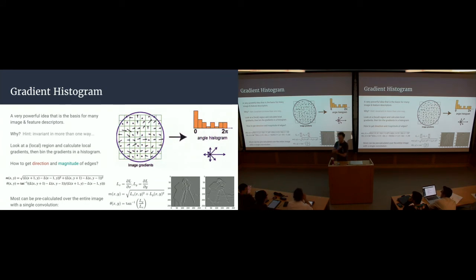Many different things are built on top of histograms of gradients. Feature descriptors are sort of the front line of that. You can see many feature descriptors that are based on histogram of gradients because they are invariant to many things and they are easy and fast to calculate, and so on. Right? So a histogram of gradients.